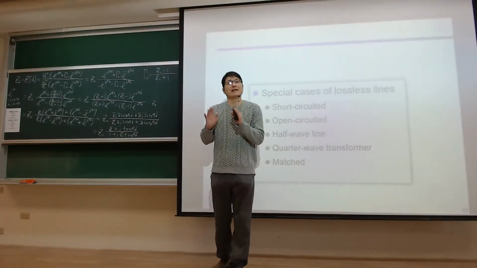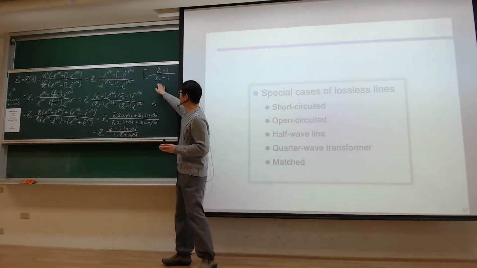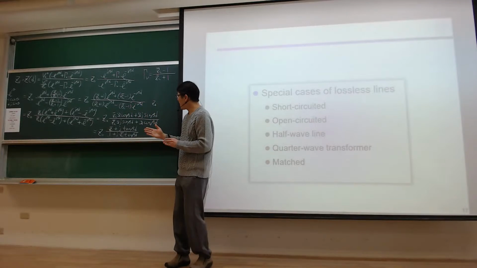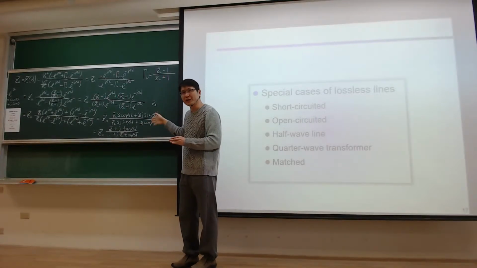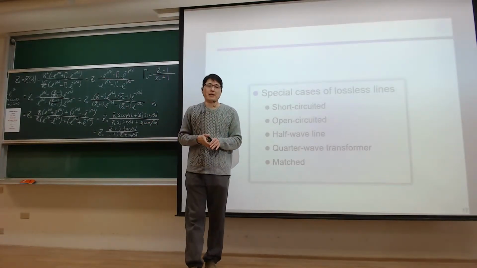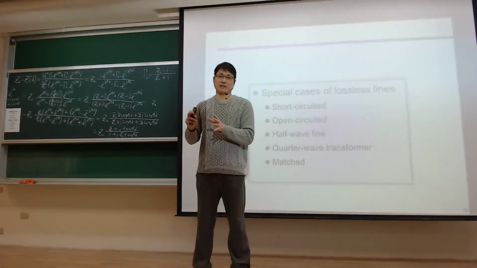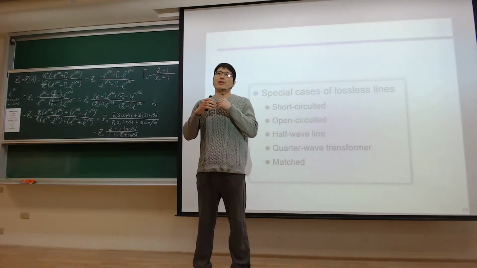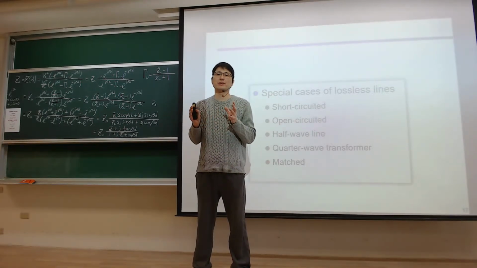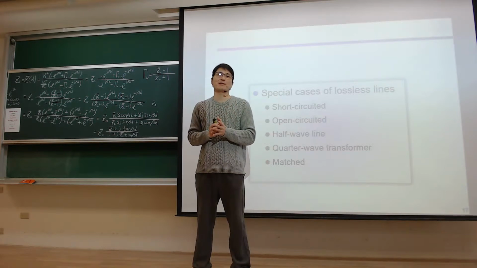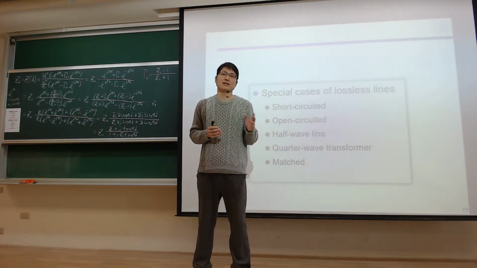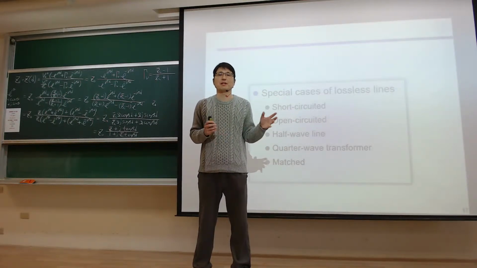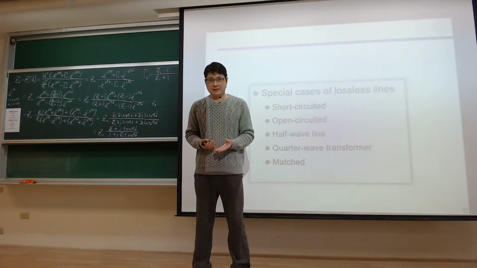The answer is yes, it will hold, because the reflection coefficient is the reflection at the load point, okay? So basically, if you have loss, the reflection coefficient definition still holds. It's only through the teaching that we want to make everything simplified, okay? Having the loss or not is not really going to affect the derivation results, but it's going to make things more complicated, okay?